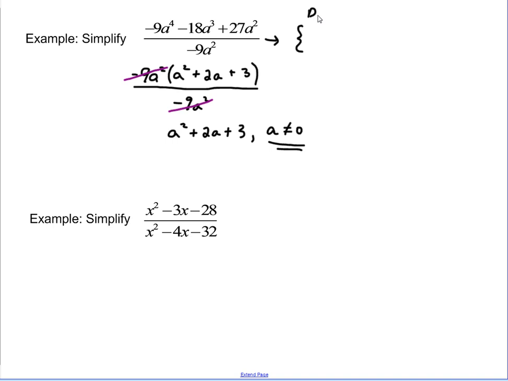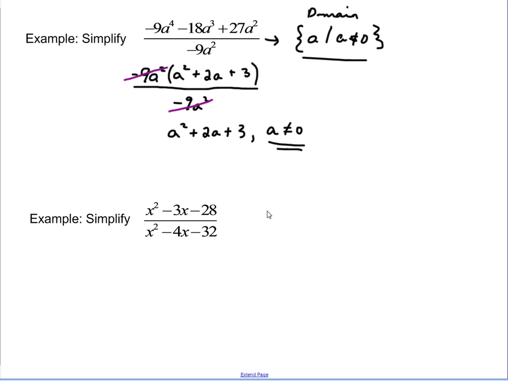Our domain here, this is a simple one, is all x such that x, not all x because we're dealing with a, so all a such that a does not equal 0.